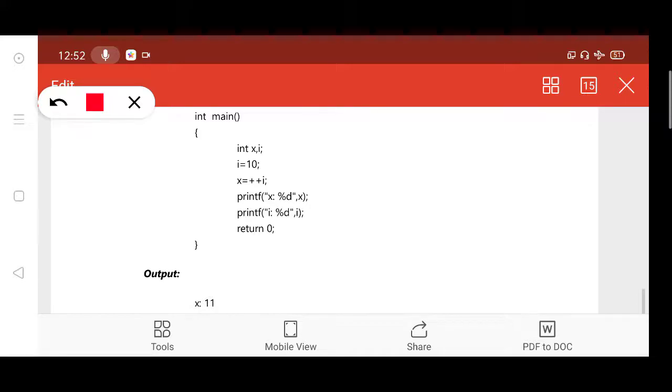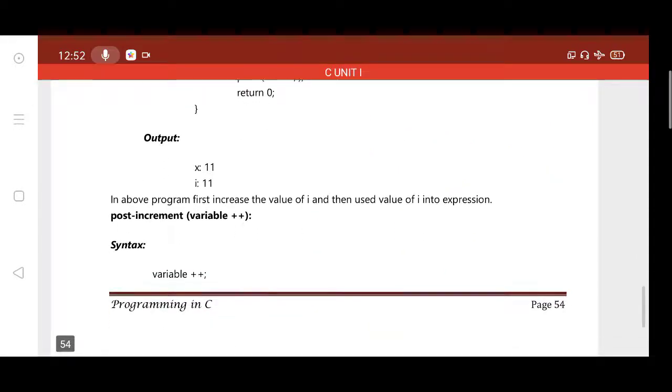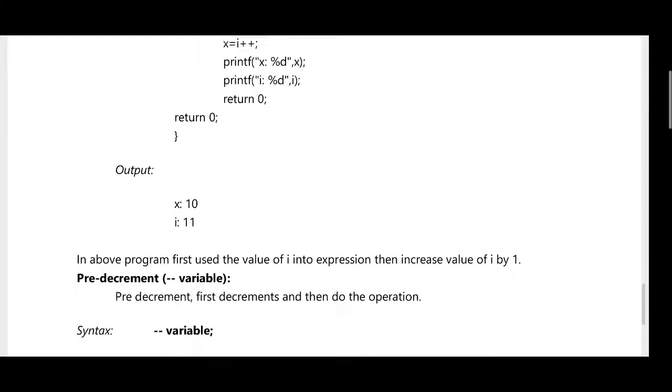Integer value x, i = 10, then x = ++i means the value is 11; the i value is first incremented, then x is 11 and i is 11. Then in the post increment, the x value is 10 and the i value is 11.